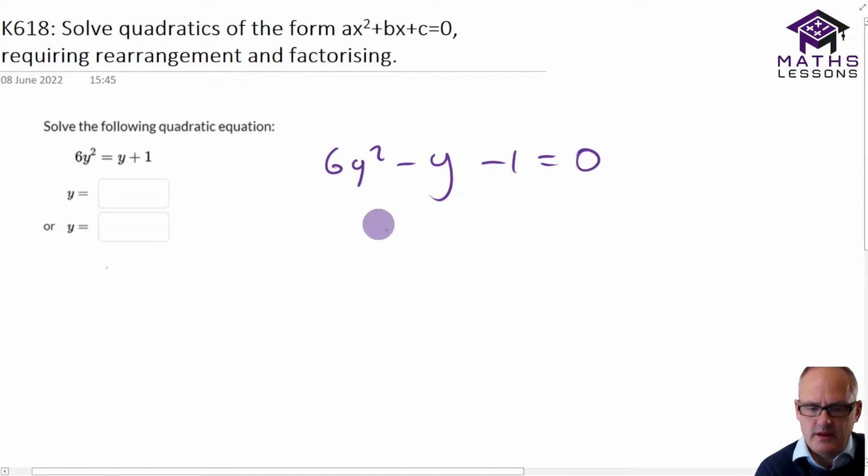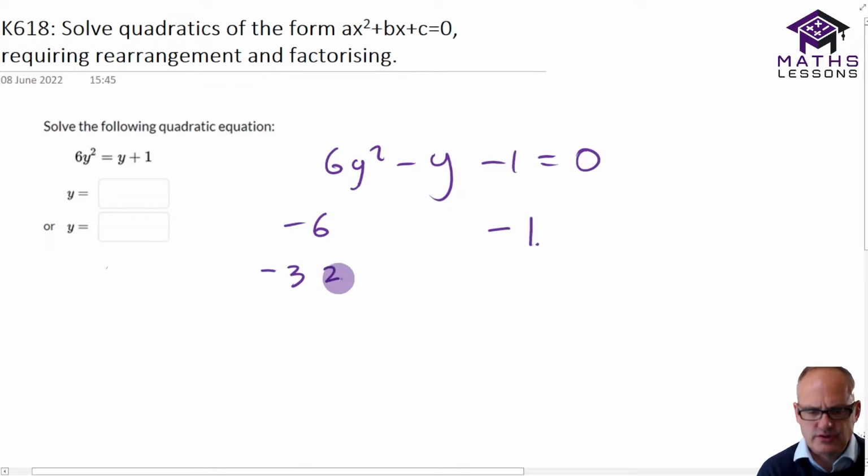Now what I'm going to do is times these two numbers together to get myself -6. And I'm looking at how many lots of y I've got here, which is -1. So I'm looking at two numbers that times together to give me -6 and add to give me -1.